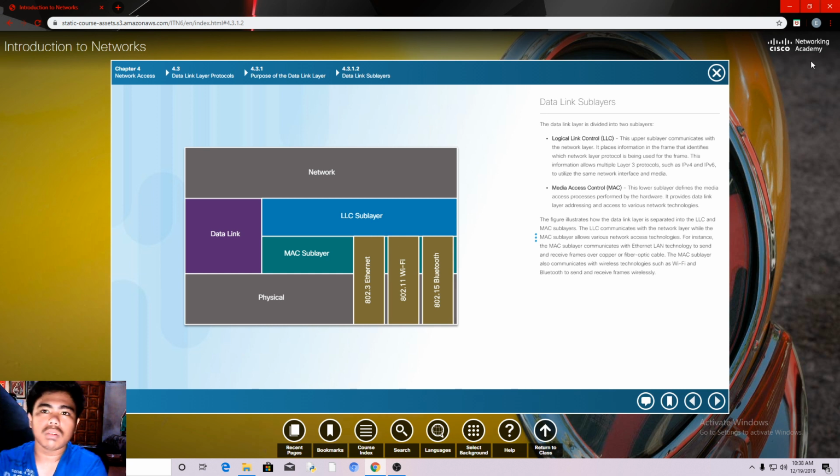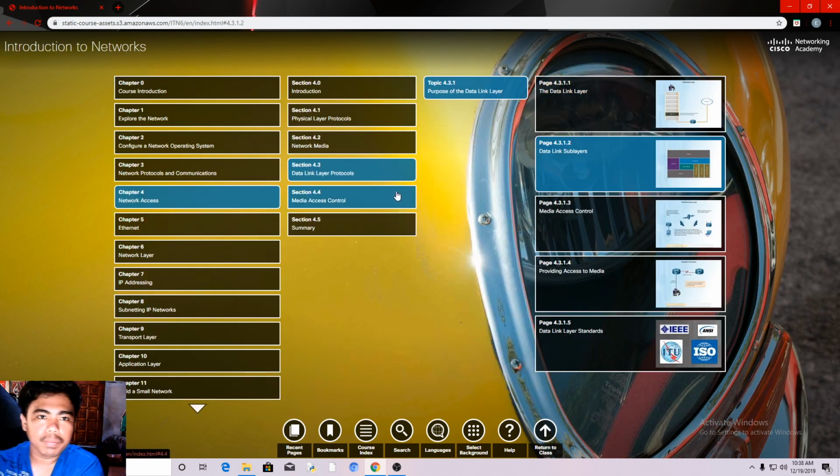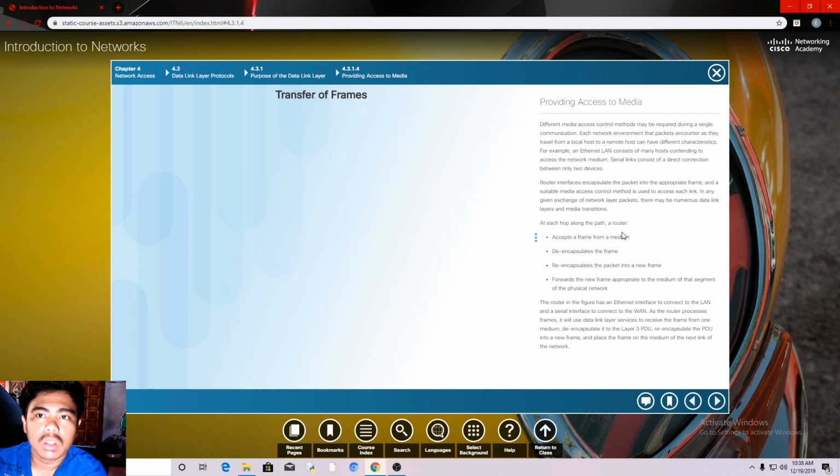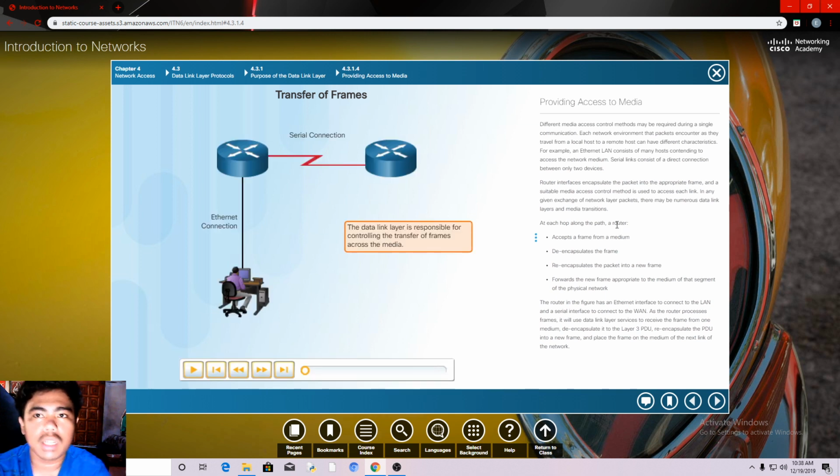The logical link control, the upper sublayer, communicates with the network layer, then the media access control or MAC, the lower sublayer, defines the media access process performed by the network hardware. It provides access to media and defines the media access control methods used during a single communication.